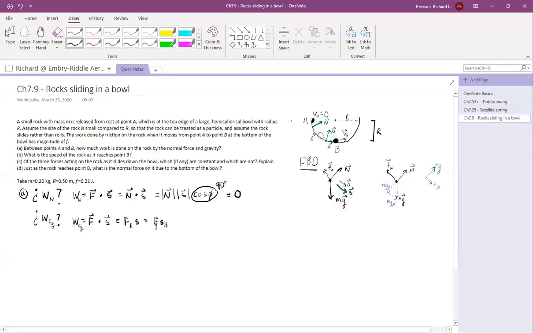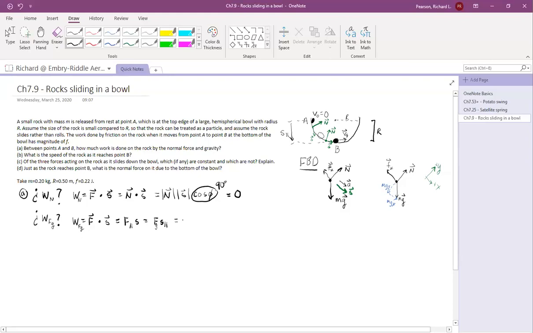So it goes from some initial point up here to some point here at the base, and that change, that S parallel to the force of gravity is what we can multiply here together.